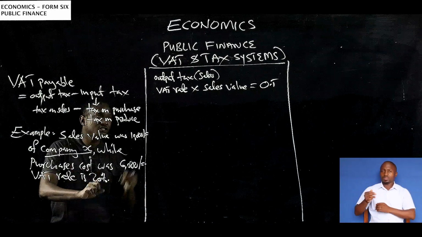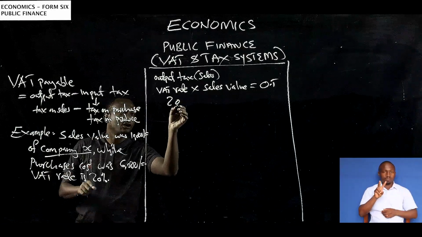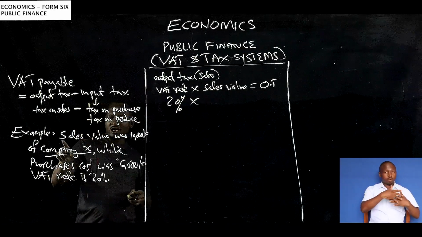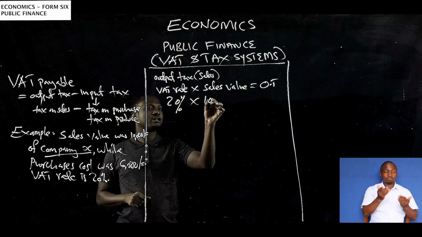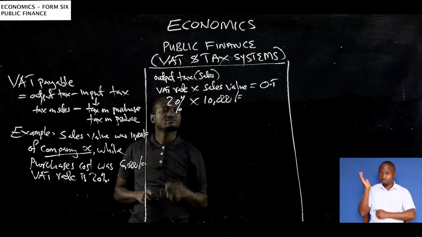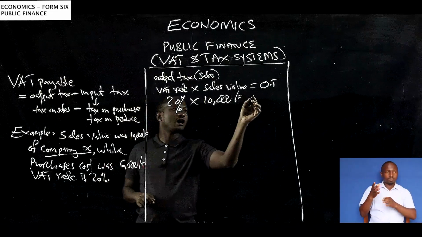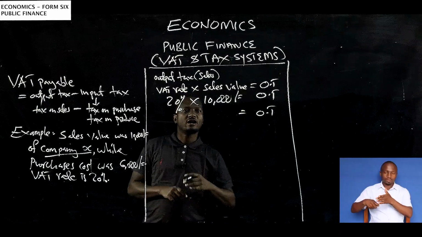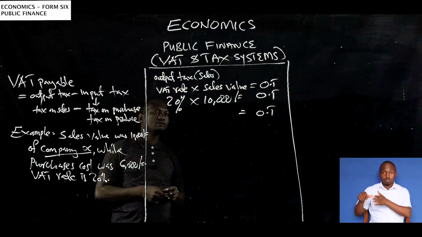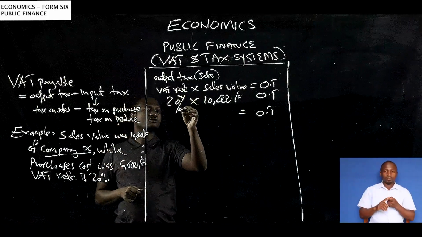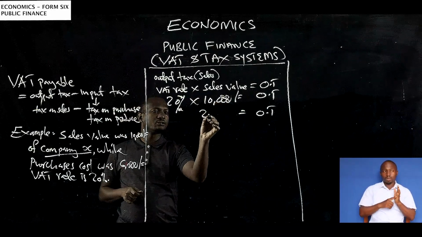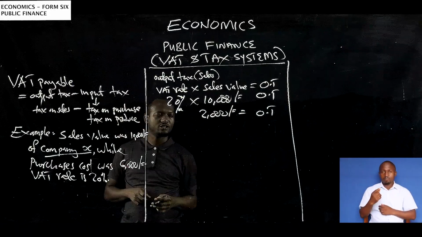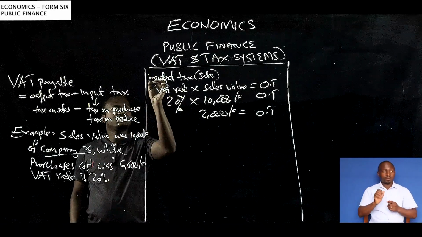So VAT rate, 20% according to this example, times the sales value of 10,000. According to this, output tax will be 2,000 Tanzania shillings. This is the first.